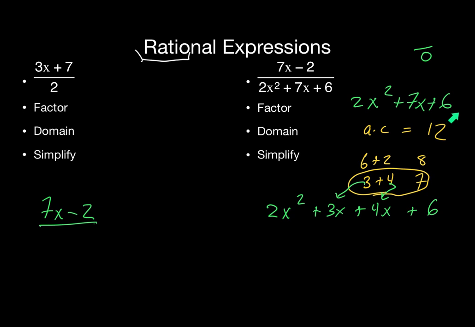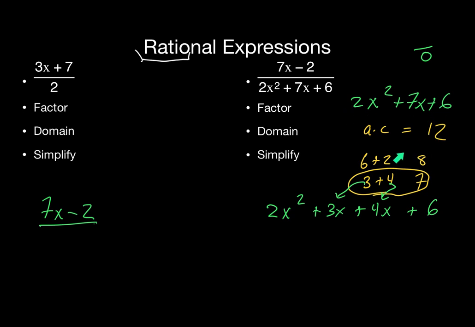So again, I just took this original equation, and the 7x, I split it up into 3 and 4. If you try to do 6 and 2, you're not going to get the right answer. You won't get an answer. So it's very specific, you have to follow the A times C, first term times the last term.